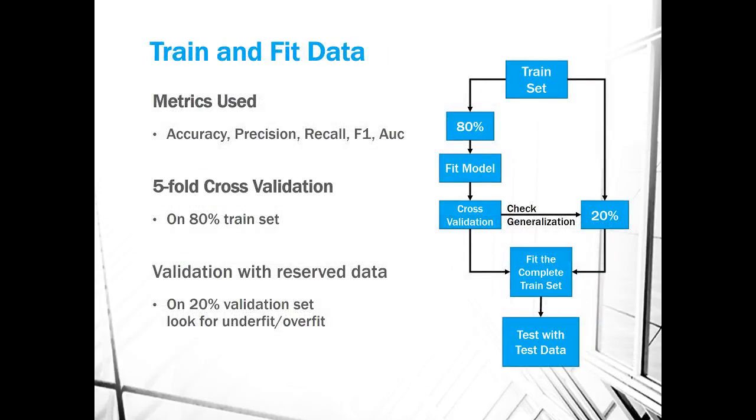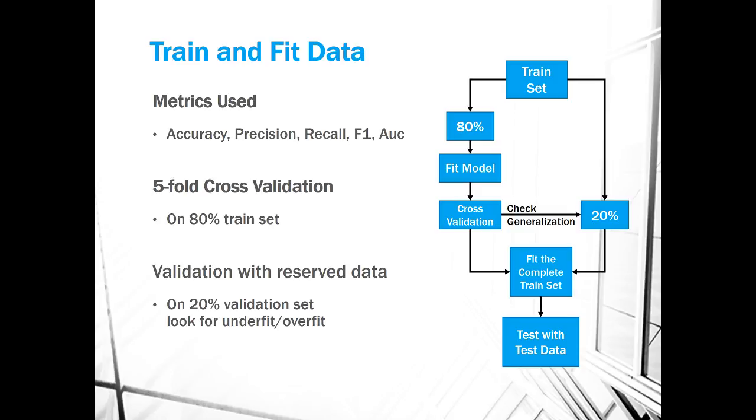As for training and fitting the data, we will use 5 metrics: accuracy, precision, recall, F1, and area under curve. Also, as shown in the chart on the right, we have split the training set into 80% and 20%. We first use the 80% of the training set to fit the models, doing cross-validation within the 80% at the same time.